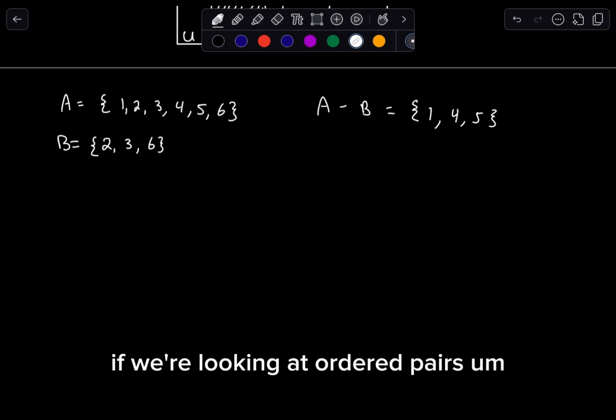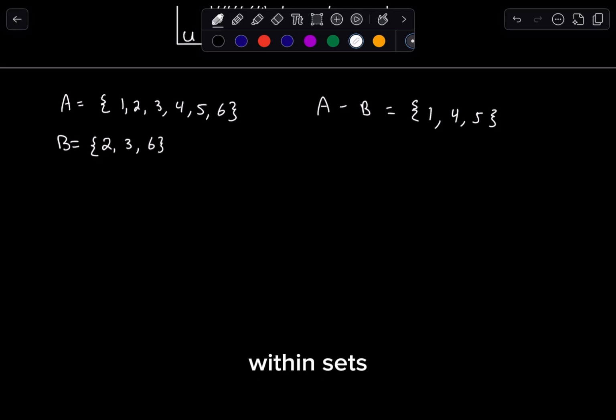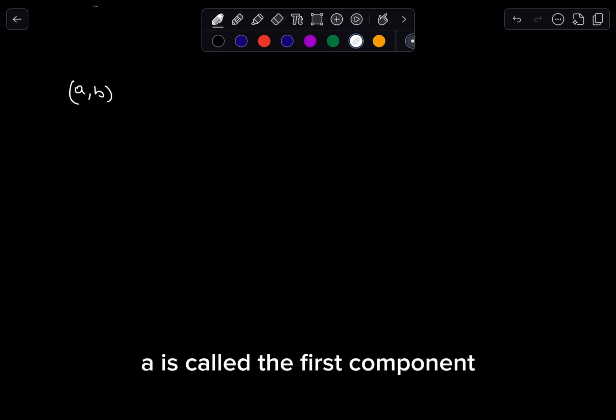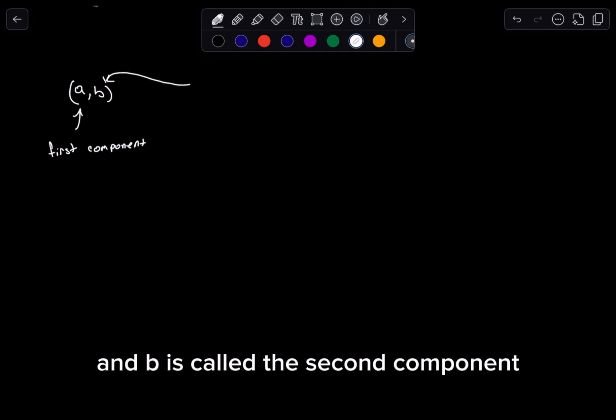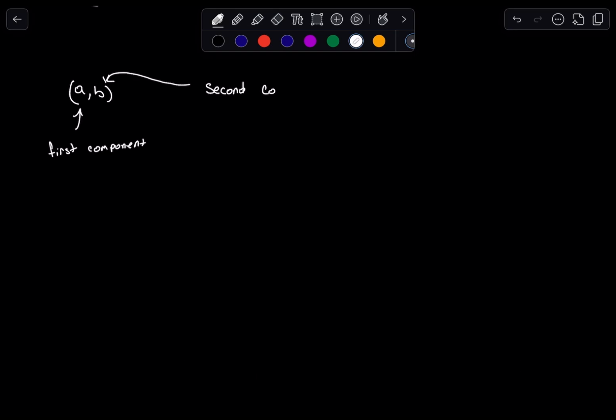If we're looking at ordered pairs within sets, (A, B), A is called the first component, and B is called the second component.